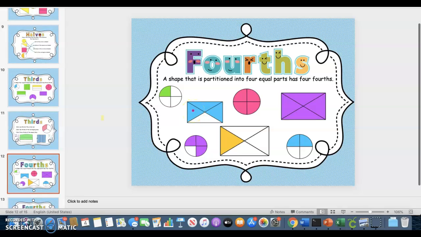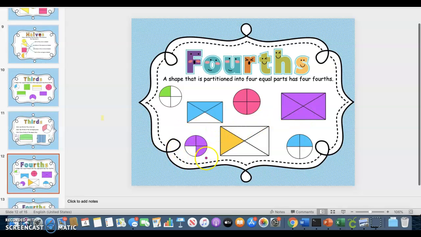It has 4 equal parts, but only 1, 2, 3/4 have been shaded. This circle has been broken up into fourths, and 1, 2, 3, 4, 4/4 have been shaded. This rectangle has been partitioned into 4 parts, and 4/4 have been shaded.